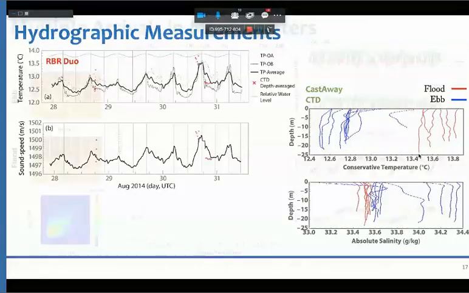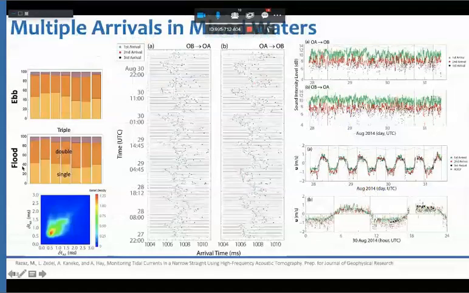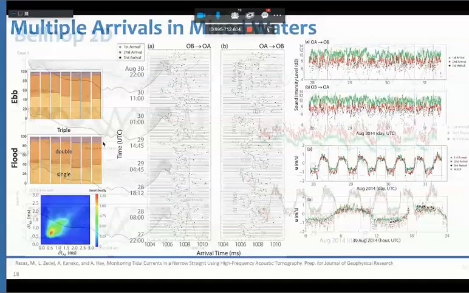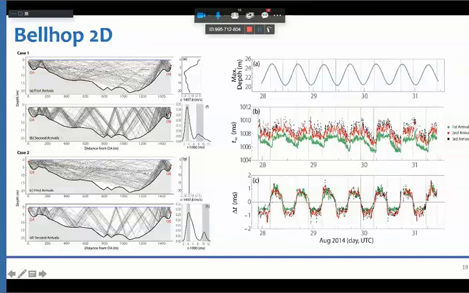To find the answer, I used the Bellhop model. It's a very robust model for tracing rays. The answer was that maybe geometry is important. But as you can see, the arrival times are separated by about 2 milliseconds, whereas here what we have is about 5-6 milliseconds.